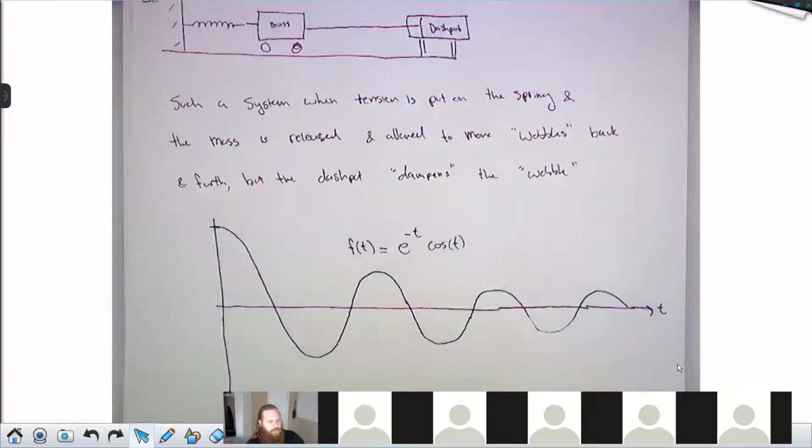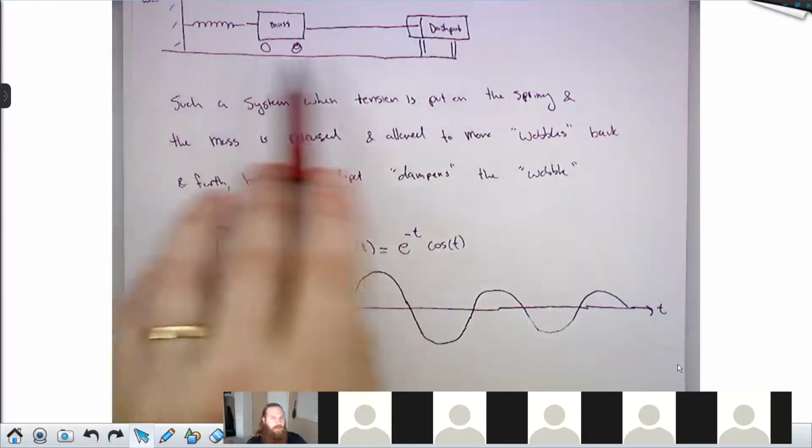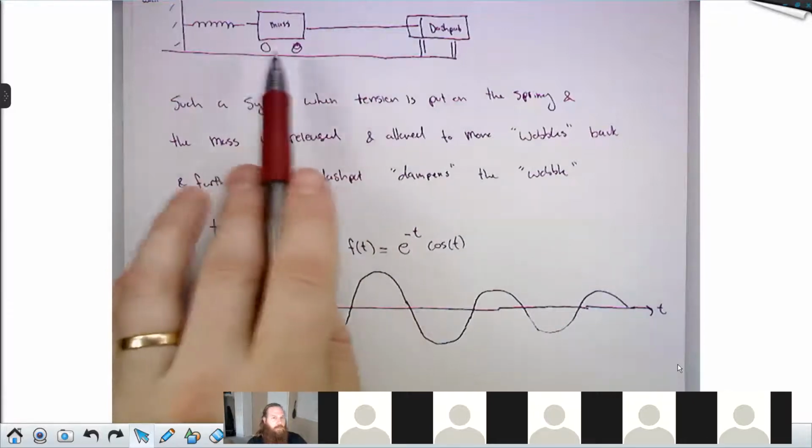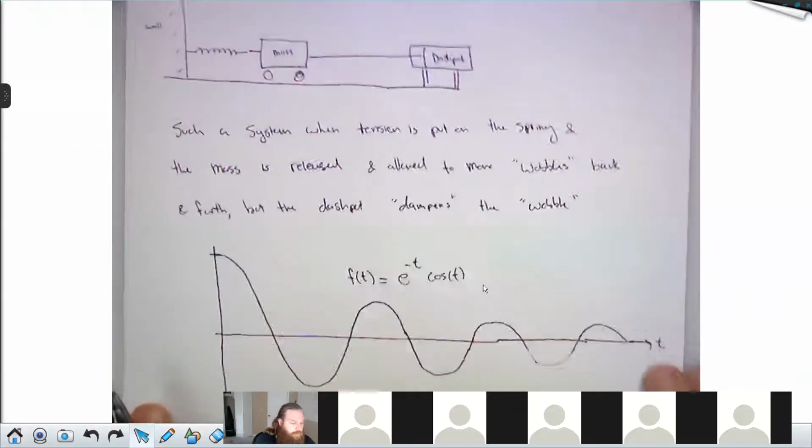So if I want to find out, for example, how much distance this mass covers wobbling back and forth before it stops moving, I would need to integrate this function. And this is what we want to do. We want to be able to integrate these. Now these show up in real life and in other less contrived ways.